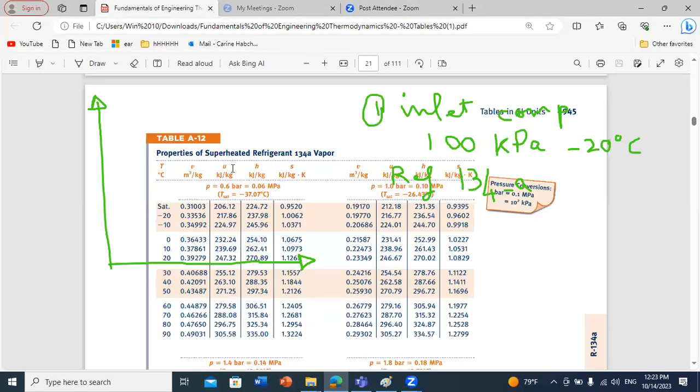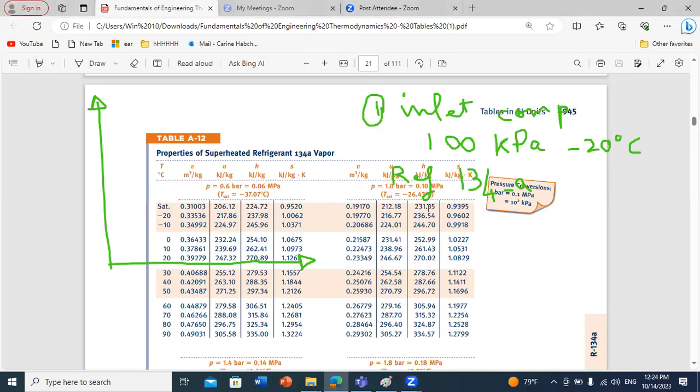This is the properties of superheated refrigerant 134a vapor. Since 1 bar is 10 to the power 5 Pascal, 100 kilopascal corresponds to a pressure of 1 bar. So we are here.